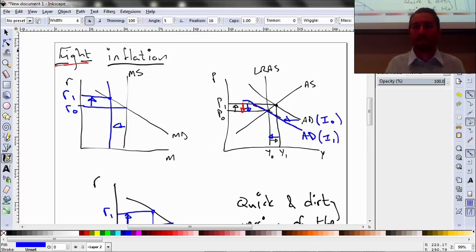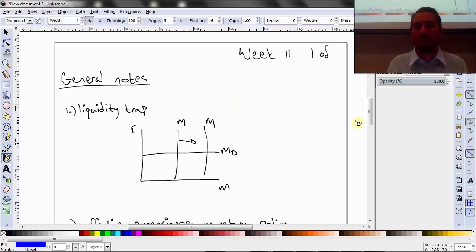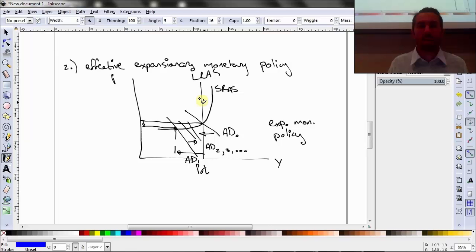But there is one reason why that's not such a big problem, because what tends to happen in practice is that when we are above potential GDP, our short-run aggregate supply curve is actually pretty steep, right? Which means when we shift aggregate demand to the left, we have a big effect on inflation and a very small effect on output.